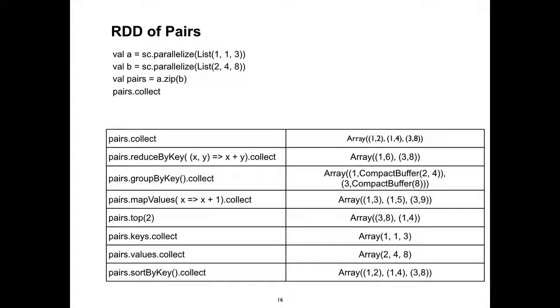All we're doing is taking all the tuples of the same key and then sending them to reduce. So I get all the tuples that start with 1, and here it's adding, so I get that sum.